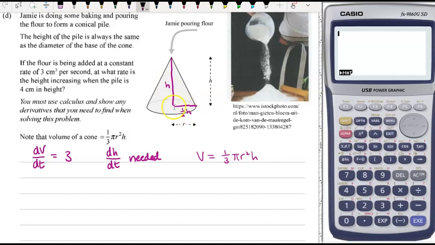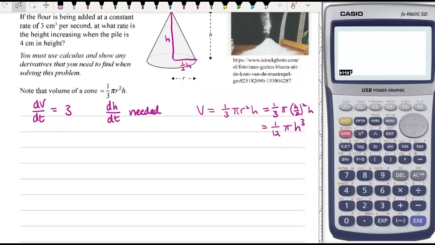I've chosen to keep things in h's because I know that it's dh by dt that I want at the end of this, so I need things in h's. So if we then adjust our volume formula, r squared is h over 2 squared, and that's going to be multiplied by h. If we multiply that out, the half squared is 1/4, times the third, we've got 1/12, and then h squared times h is h cubed.